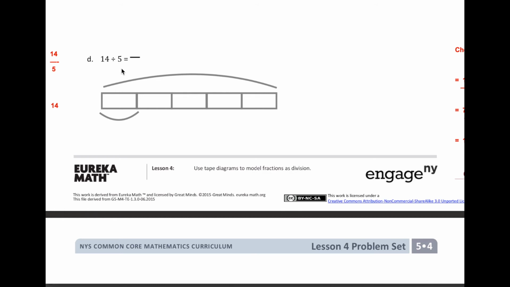I should have 5. Let's count. 1, 2, 3, 4, 5. All right. And then the first number tells you how much it all equals to. So I have my 5 units should all equal to 14.